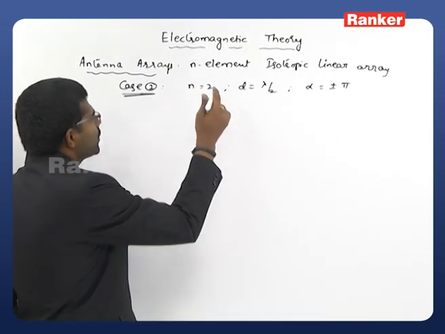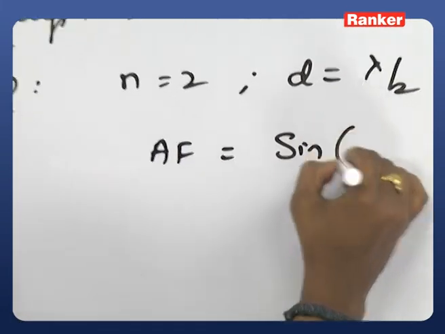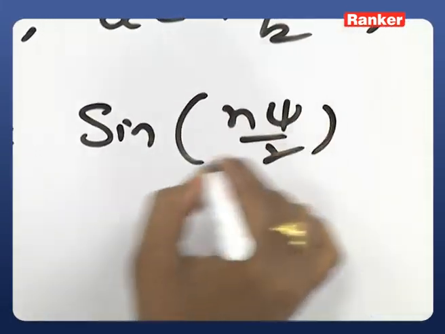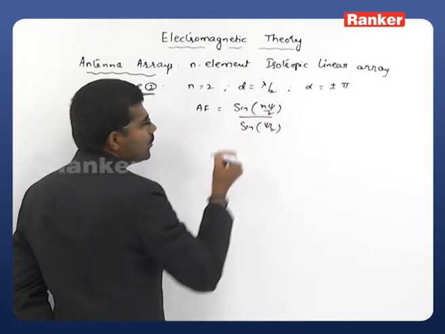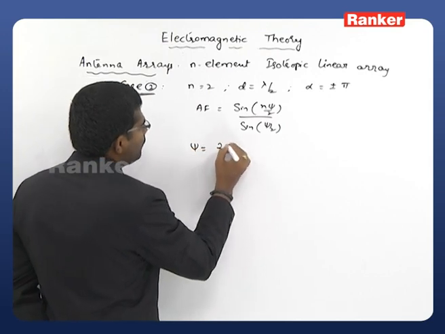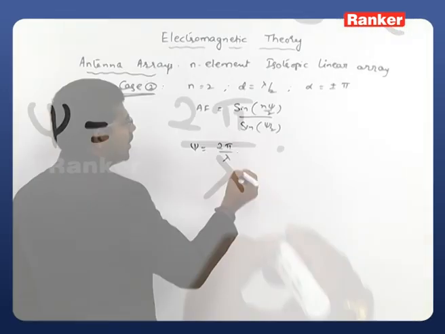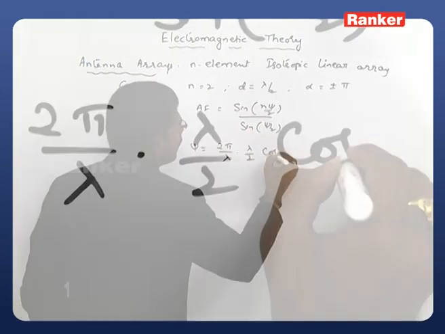For that, I have to once again consider the array factor. Array factor is equal to sine n psi by 2 divided by sine psi by 2. Here the psi equation will be modified. Psi is equal to beta d cos theta plus alpha. What is beta here? Beta is 2 pi by lambda, and d is lambda by 2, cos theta.